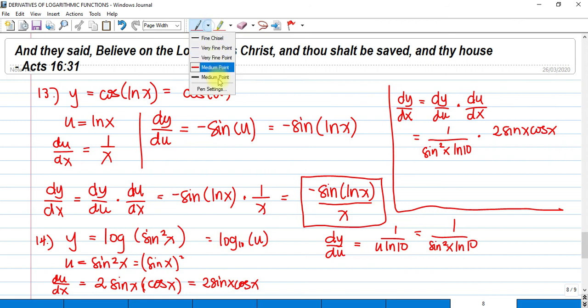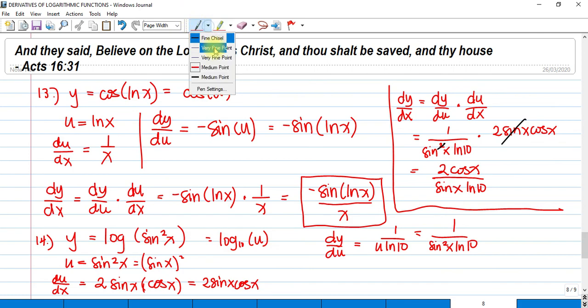As you can see, this sine x would be cancelled by one term of sine x here. So we have numerator times numerator, that would be 2 cosine of x over sine of x ln of 10.